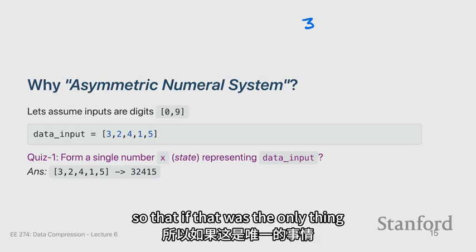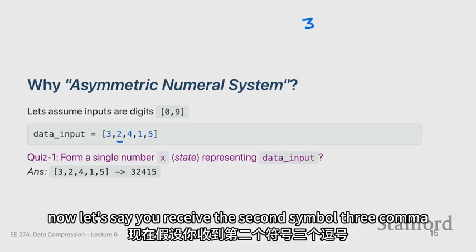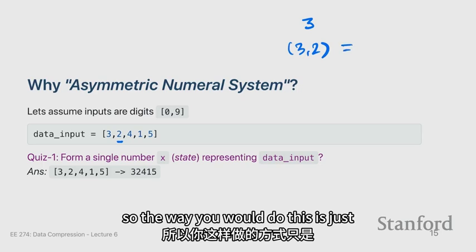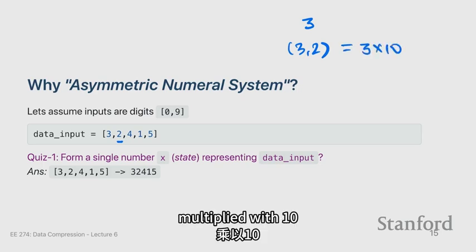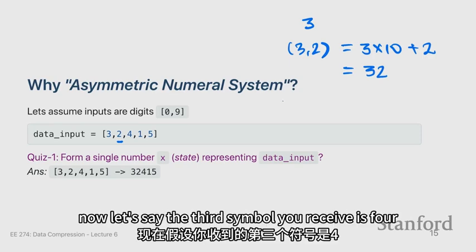If that was the only thing, you would just represent it as 3. Now let's say you receive the second symbol, 2. The way you would do this is just multiply by 10 and add 2. That's 32, exactly the decimal expansion of this thing, right? Now let's say the third symbol you receive is 4.